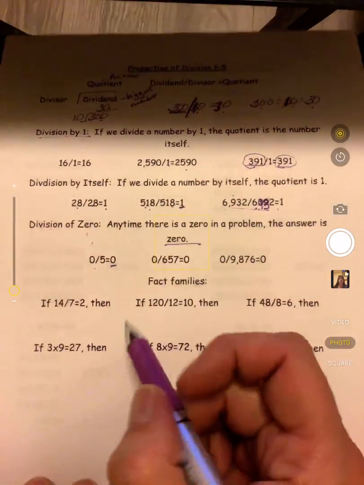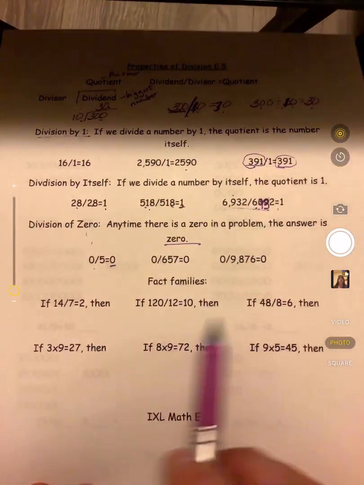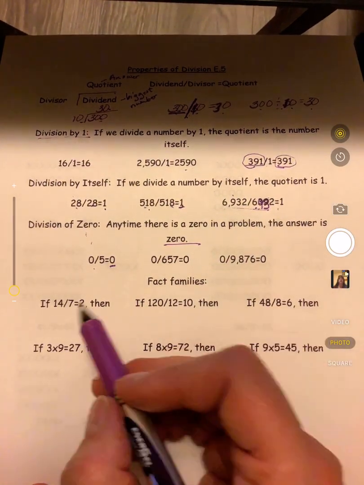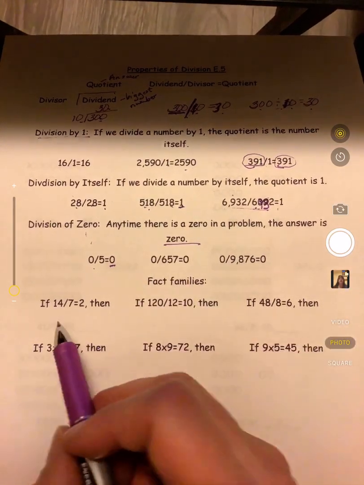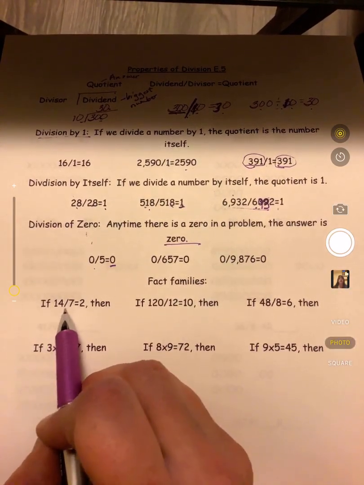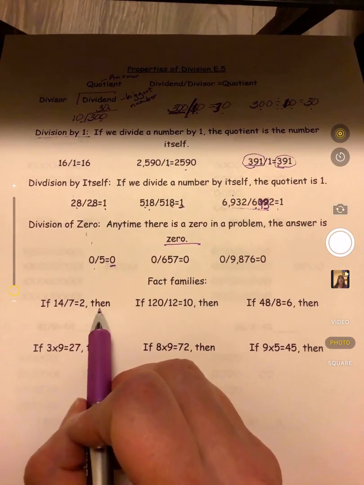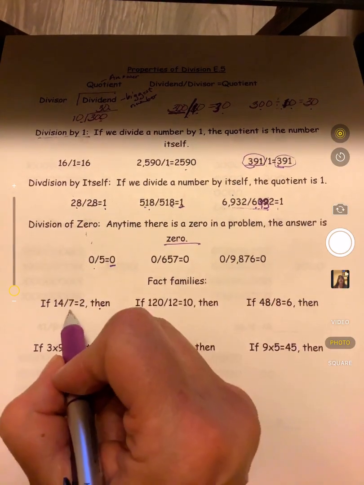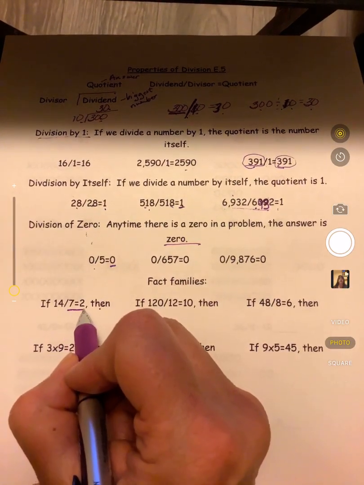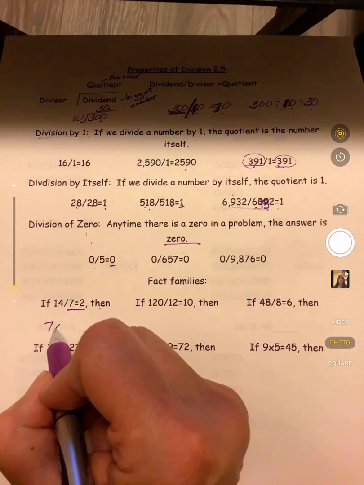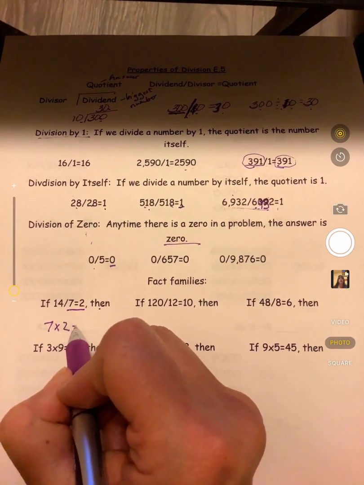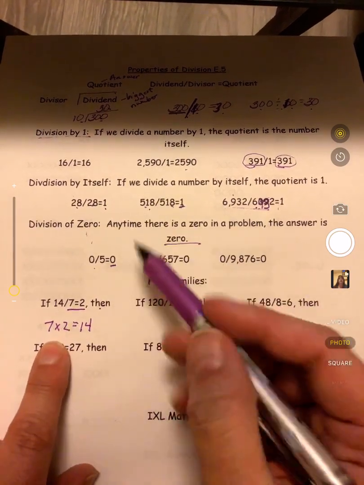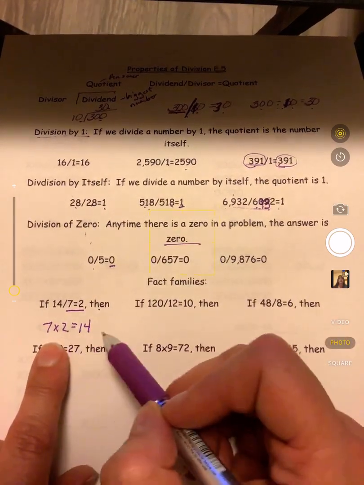Okay, fact families. So this is what they're going to do on part of your division, part of your IXL today. If 14 divided by 7 equals 2, then they want you to come up with a multiplication sentence. So you would take the two small numbers, 7 times 2 equals 14. And they'll show this to you on the computer. Okay, you won't have to fill it all in.